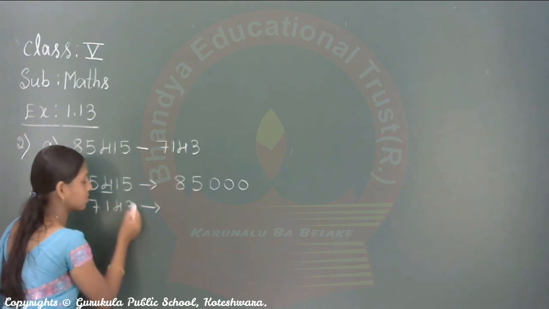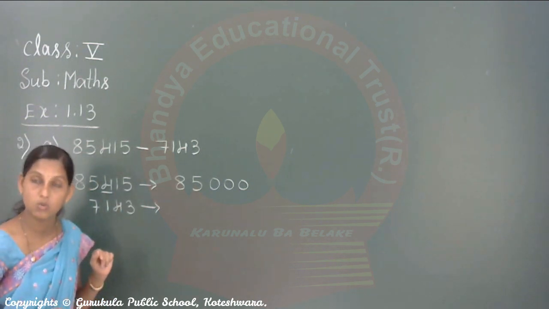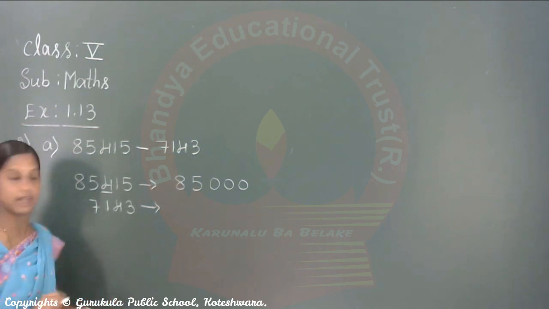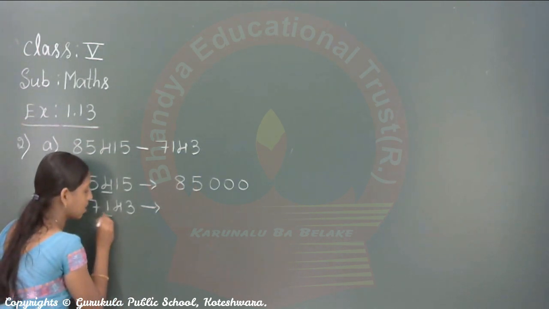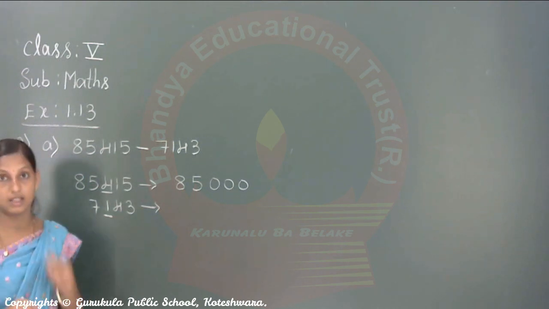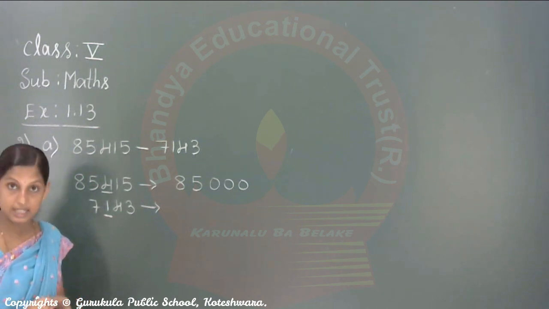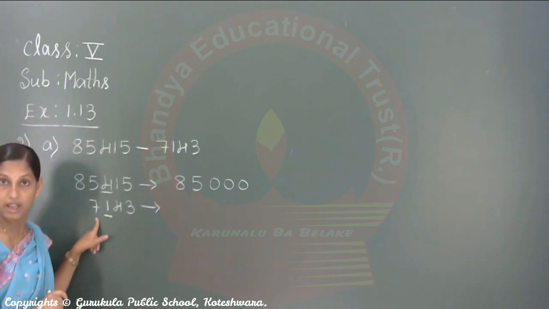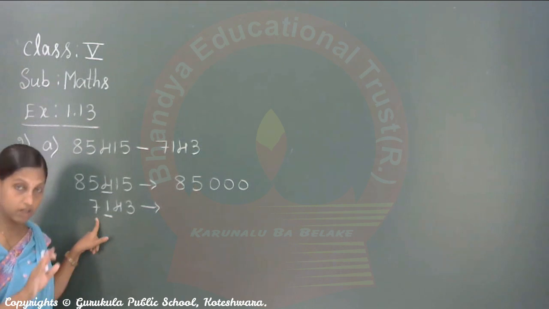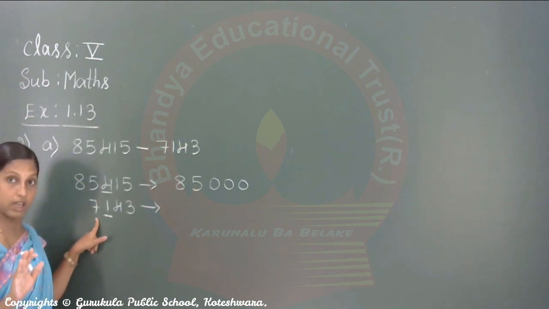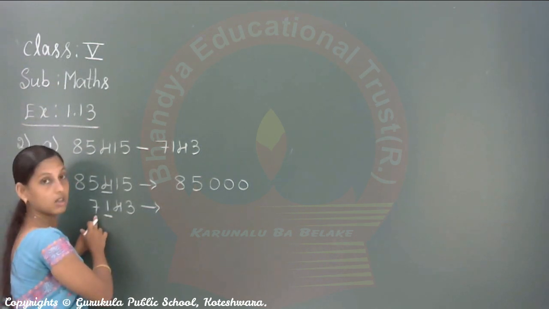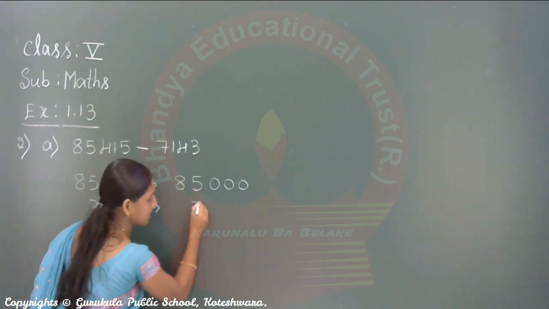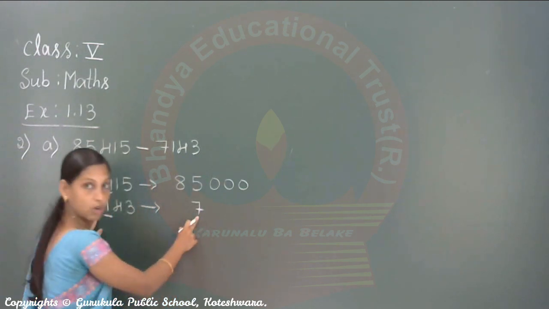Next, this number also we have to round off nearest to 1000. Round off nearest to 1000 means see the hundreds place. In the hundreds place, what is there? 1 is there. It is less than 5. Do we need to add anything to the thousands place? No. Less than 5, no need to add. So, keep the thousands place as it is. And here also write exactly below the thousands place only.